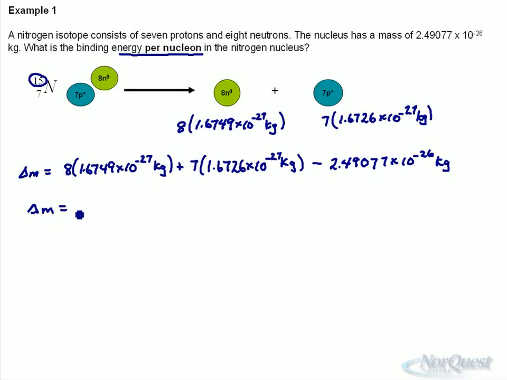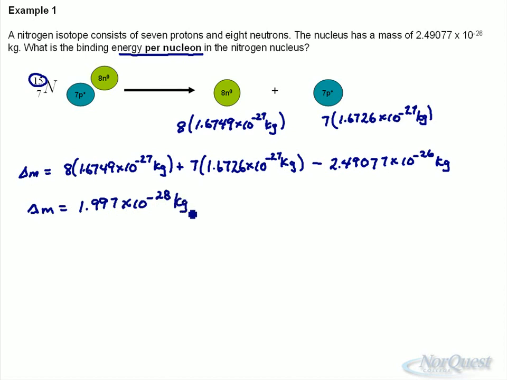Change in mass equals 1.997 times 10 to the negative 28 kilograms. So there's the mass defect.